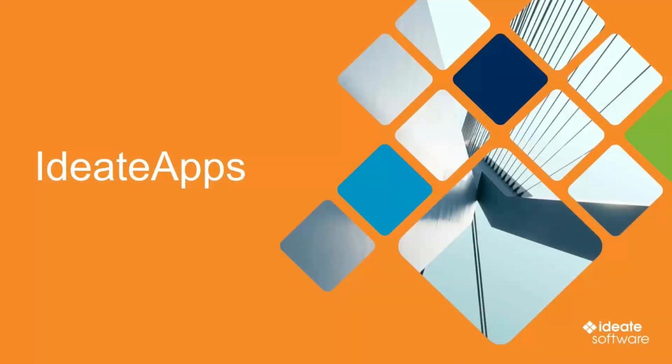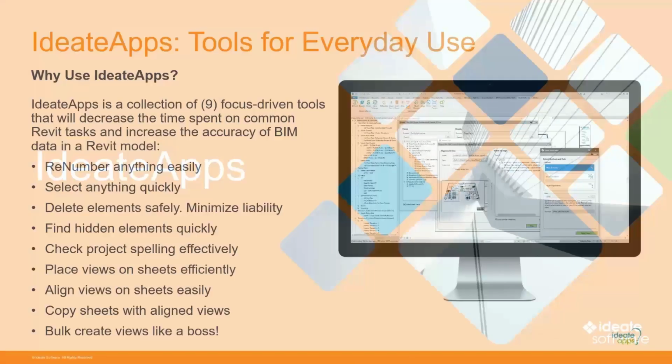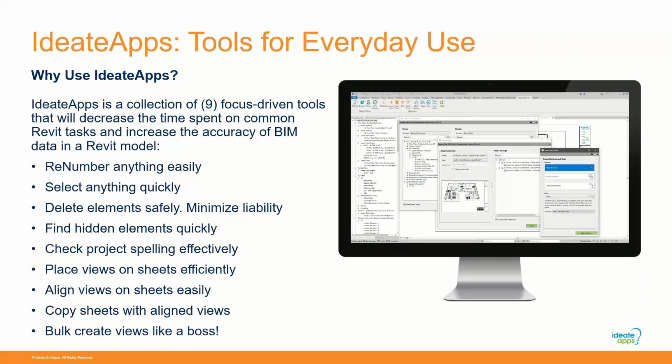And then finally, we have a collection of tools for all Revit users. It doesn't matter if you are a structural engineer, mechanical, electrical, plumbing engineer, or architect. These tools offer value for every Revit user, allowing you to renumber elements very easily, allowing you to find hidden elements.